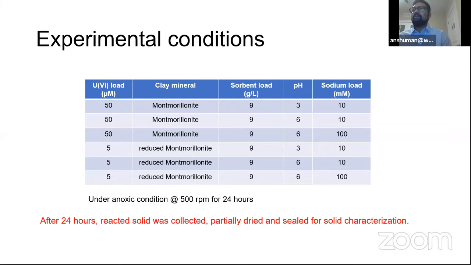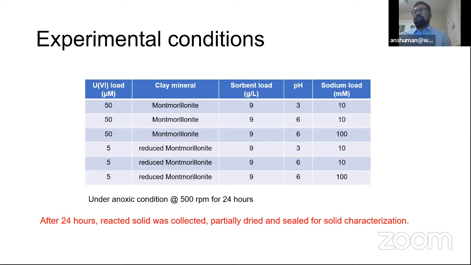And then the sodium loading, again, I haven't described the role of sodium in the clay mineralogy. So basically, if you have high sodium loading in some clay suspension, it suppresses certain kinds of sites, which are called cation exchange sites, which are found in the interlayers of the clay.